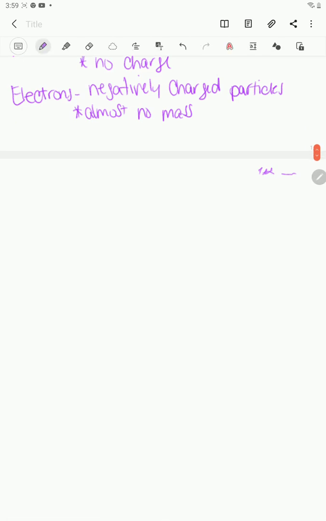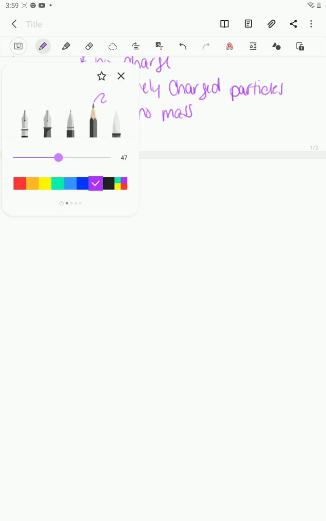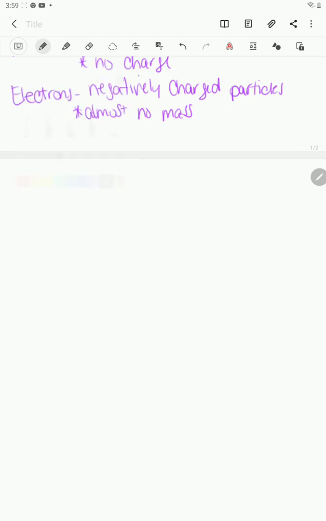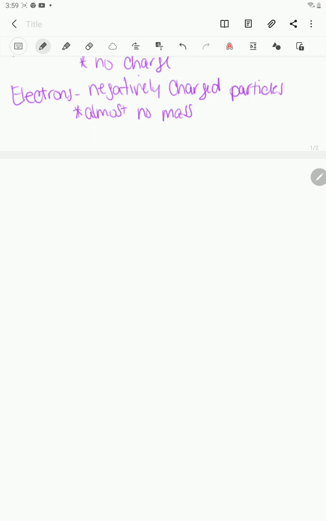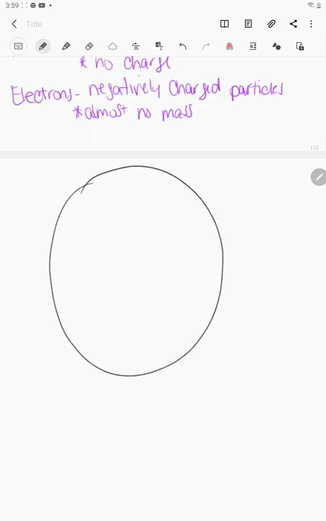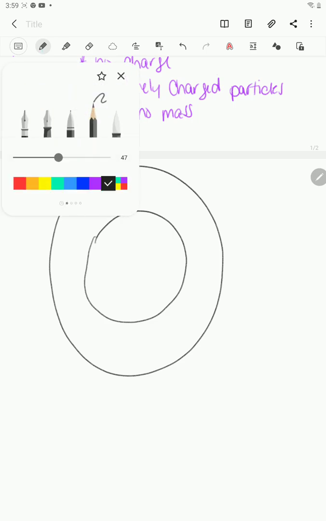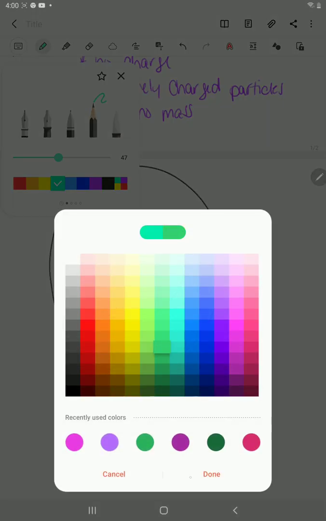Okay, so then let's erase my scribble here. Let's change colors. Well, actually, I'm going to draw you my beautiful little diagram here. You know, my artistic ability is non-existent, so don't judge me too harshly. Okay, so we'll do green.